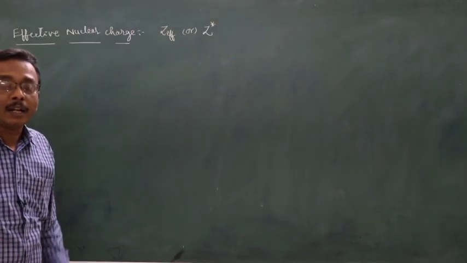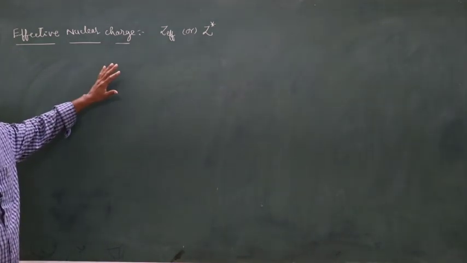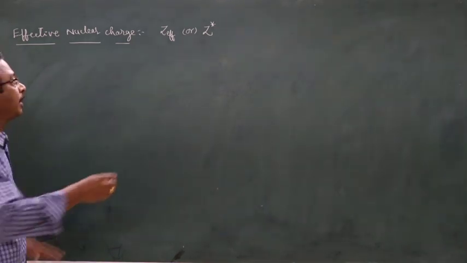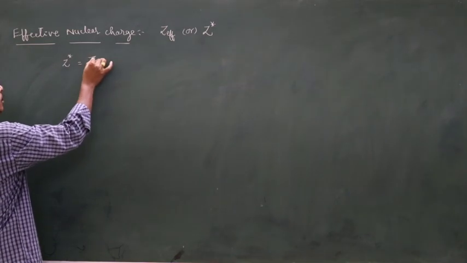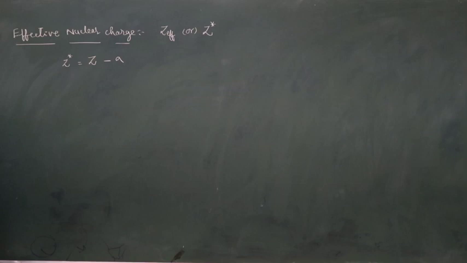But how can you calculate or measure and evaluate the nuclear attraction on the electrons that are present in an atom or element? For that we are using an expression. Effective nuclear charge is equal to Z minus sigma.